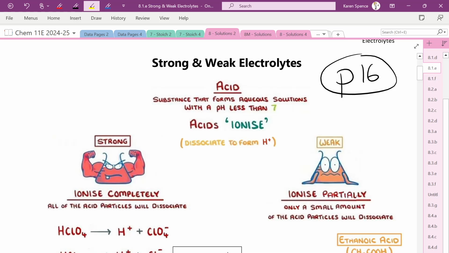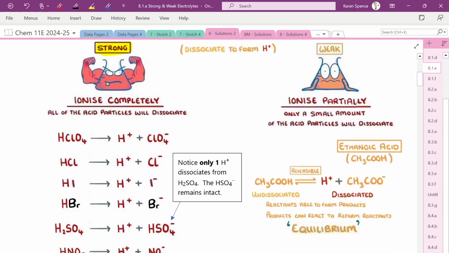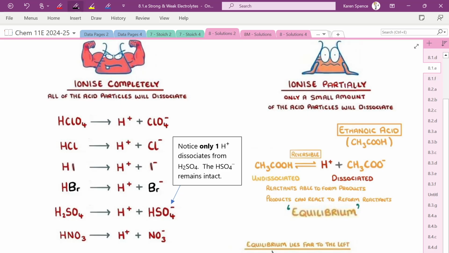So acids, if they dissociate completely or ionize completely, then those are what we call strong acids. So you'll notice that what we've got here is one-way arrows.